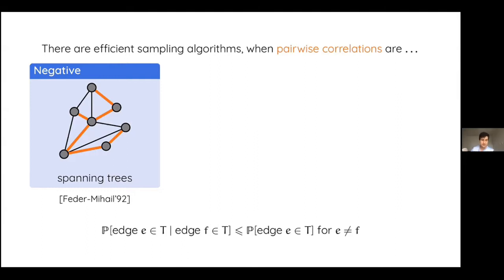And what that means is that if you fix any two different edges, E and F, once you condition on F, the probability of E actually goes down. So any two edges satisfy this, and that's called negative correlations. And Feder and Mihail were the first people to use this type of property to design efficient sampling and counting algorithms.